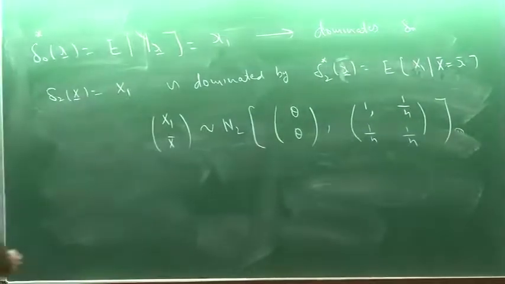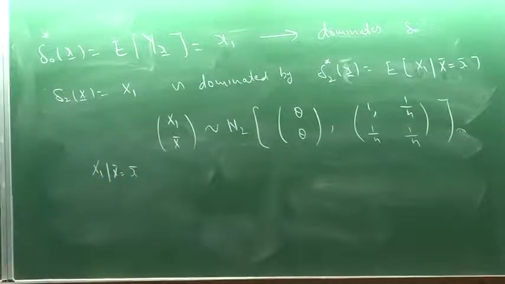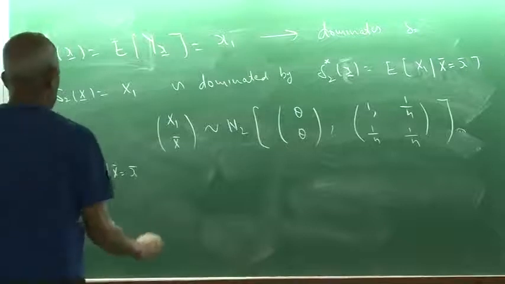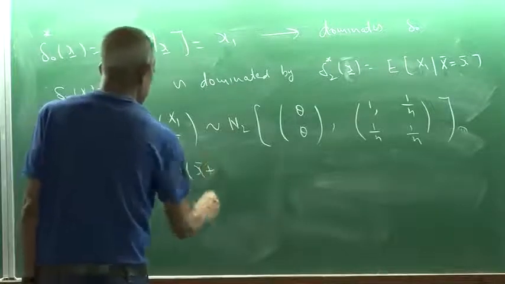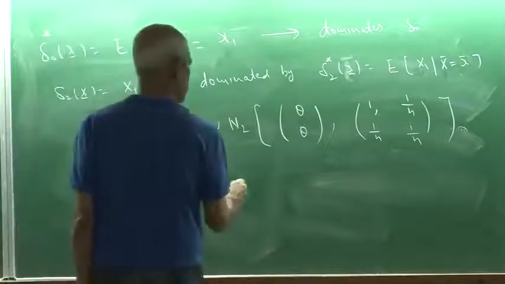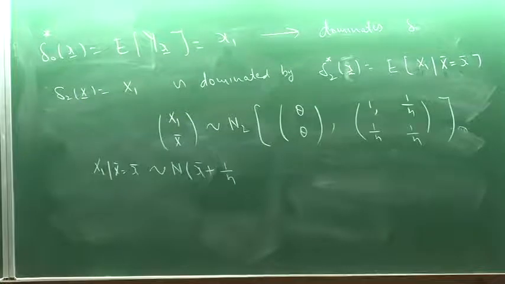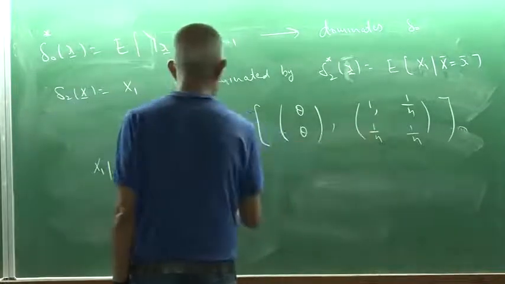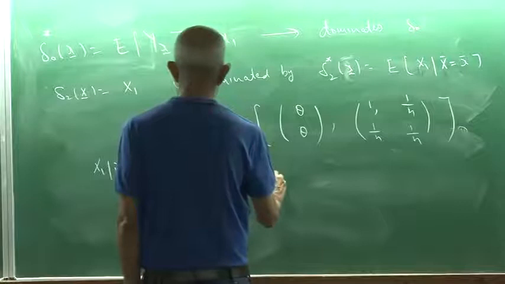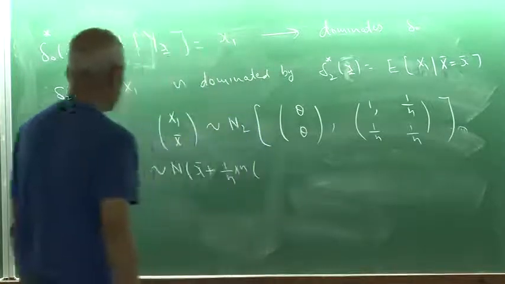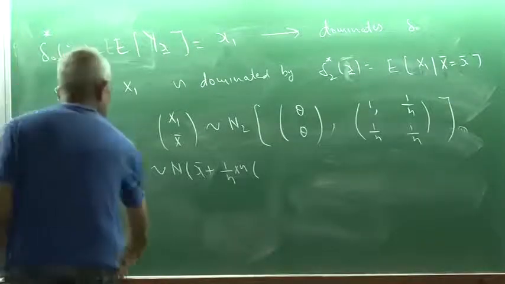Now I know the conditional distribution of x1 given x bar, because in the bivariate normal case the conditional distributions are univariate normal. Sorry, I made a mistake.